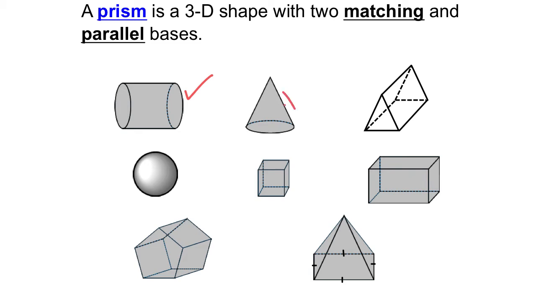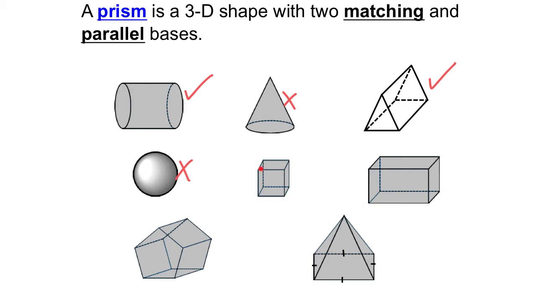So this is not a prism. Here we have a triangular base, and parallel to it is another triangular base. So that's a prism. That's a triangular prism. This is a sphere. It doesn't have any bases at all, so not a prism.